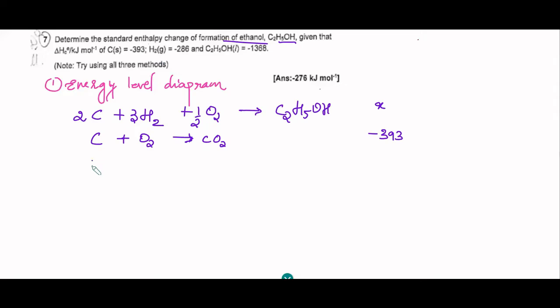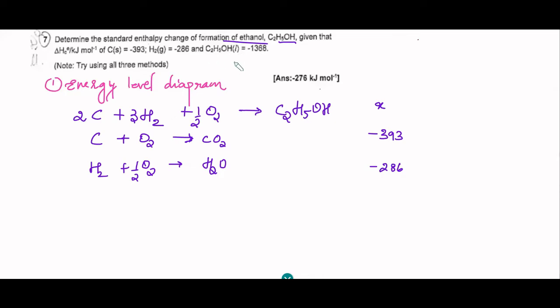When I'm igniting hydrogen, I get hydrogen plus O2 giving water. Enthalpy of combustion is for only 1 mole of the fuel being burnt, so when balancing I have to have a half here, because I want 1 H2, just like I was having 1 carbon. For this, the data is minus 286 kilojoules per mole.